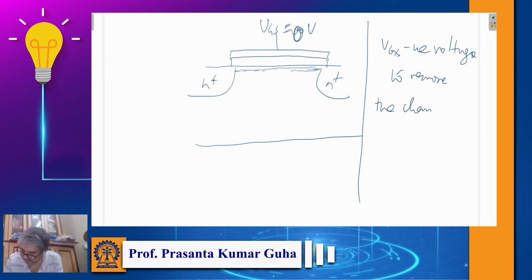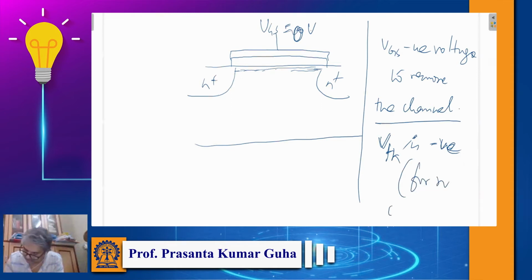So in other words, VTH is negative for an N channel MOSFET. Usually VTH is positive, but in this case, as you have fabricated the MOSFET in such a way that the channel is already there, you need to apply a negative voltage at the gate to remove the channel.